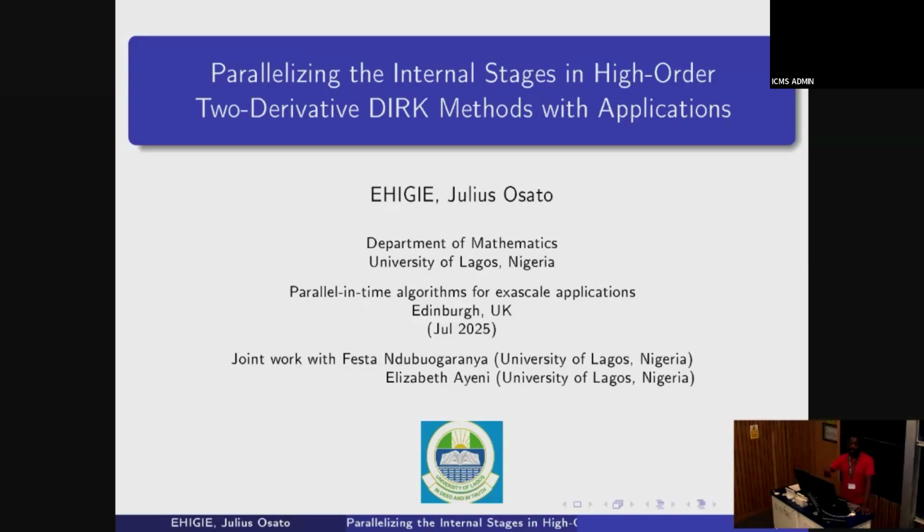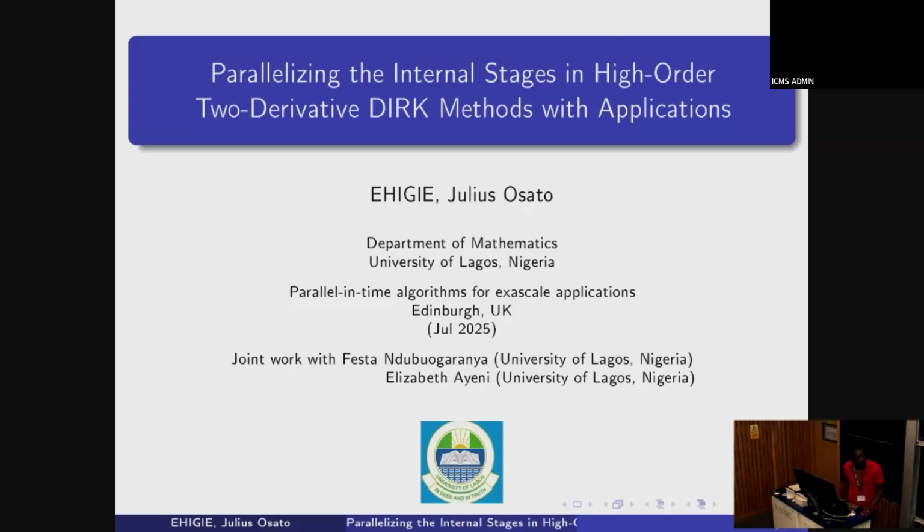The reason I'm not working in the area of PDEs and parallel in time is that we don't have the computational resources to actually do this. But I've been following the community and the research, but my research is on ordinary differential equations.